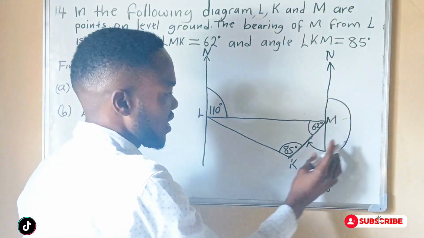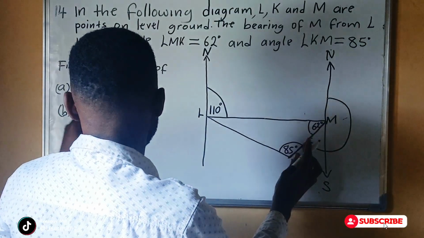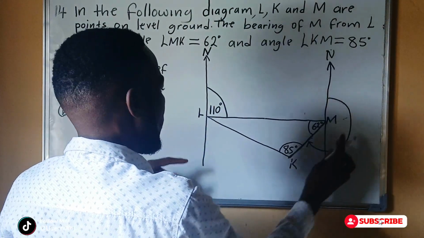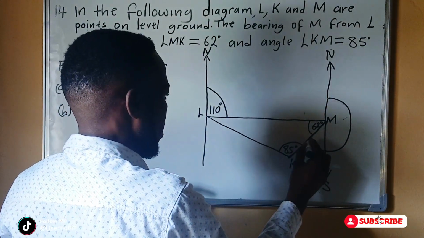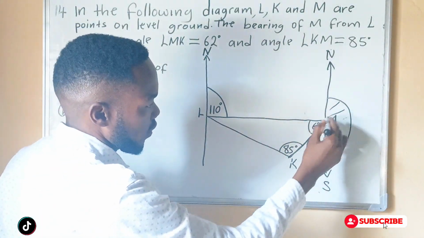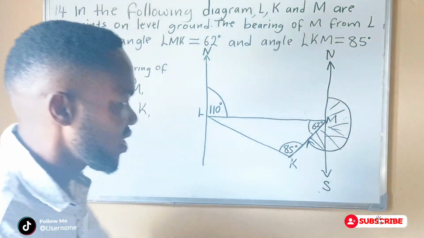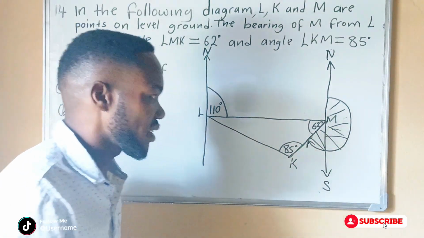Now it only said the bearing of K from M, so you come to this side where there is K. The bearing that you are looking for is this bearing.